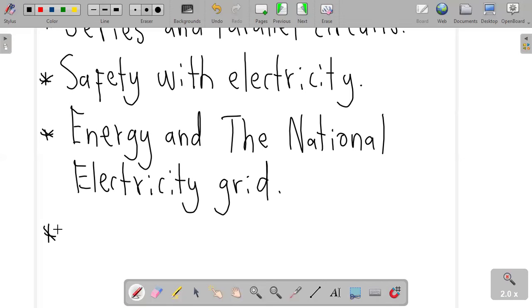And then the last topic is going to be cost of electrical power.